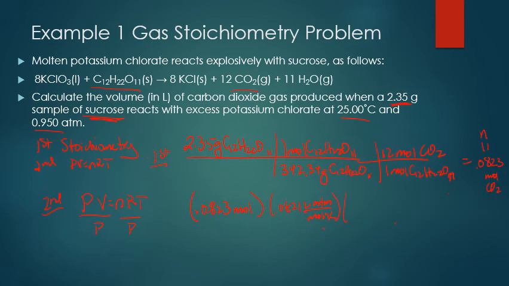And I have the temperature, 25 plus 273, actually that's 298.00 for the Kelvin temperature, and I can now divide that by the pressure, 0.950 atm. So once more, atms cancel, moles cancel, Kelvin cancel, and I'm left with volume in liters, and I end up with 2.12 liters of CO2.